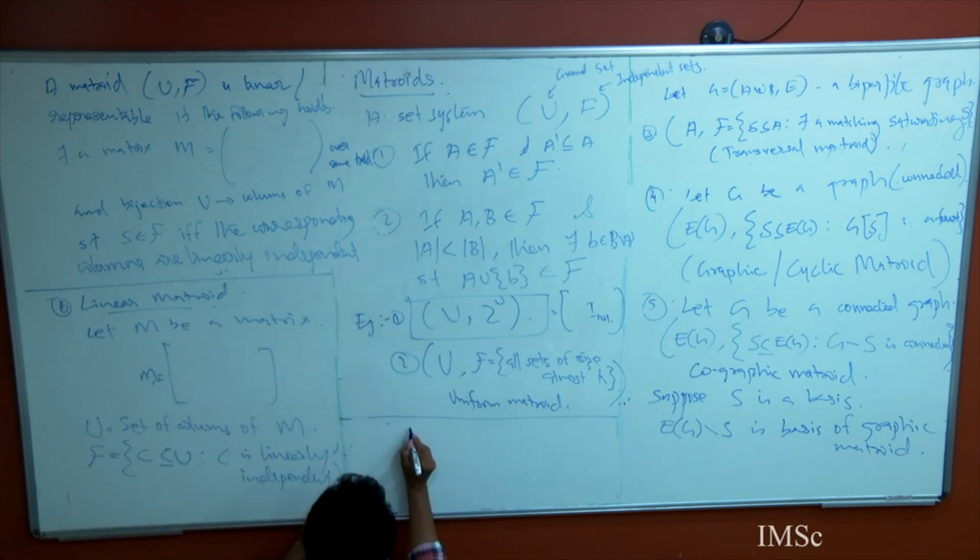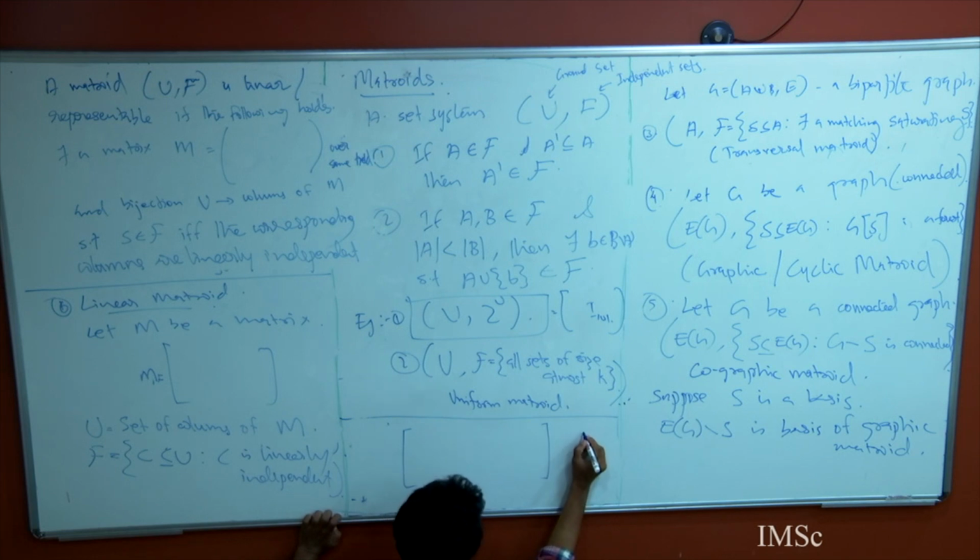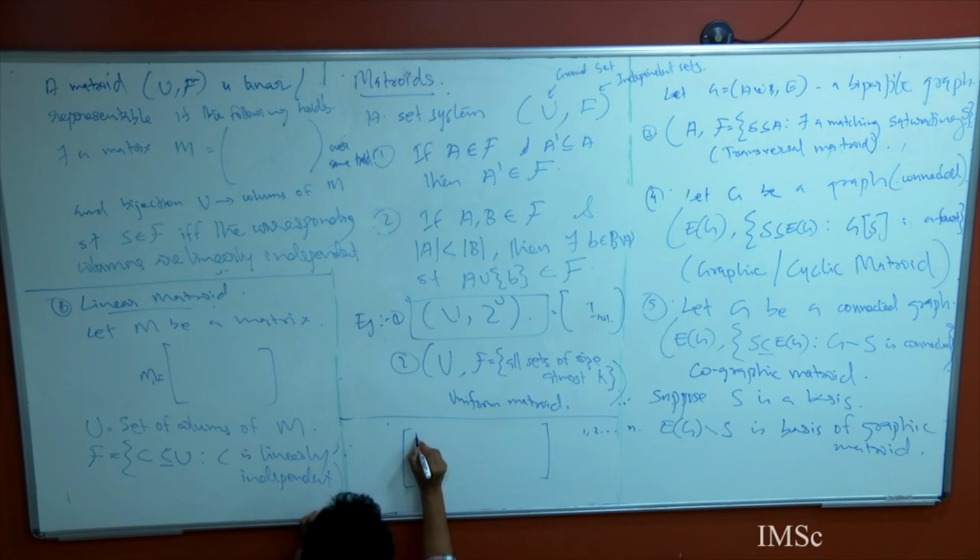Take the following matrix. Where 1 to the 0, 1 to the 1, 1 to the 2, etc. up to 1 to the k minus 1, 2 to the 0, 2 to the 1, 2 to the 2, 2 to the k minus 1, 3 to the 0, like that.